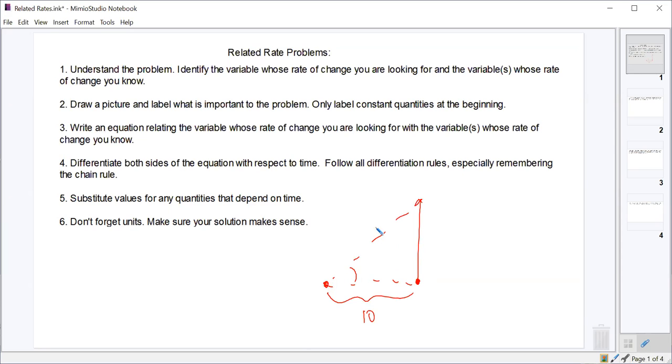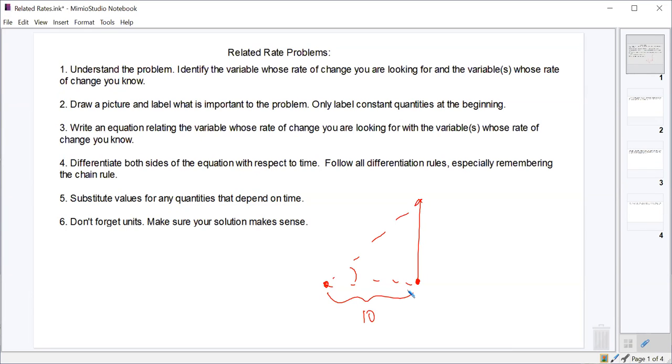And the reason why we don't do that is to help us not plug in any changing values into whatever equation we write, which is step 3, writing an equation, before we take the derivative. So we take the derivative with respect to time to freeze the situation at an instant in time. And when we freeze it at that instant, that's when we can plug in all of the other information that's given to us.